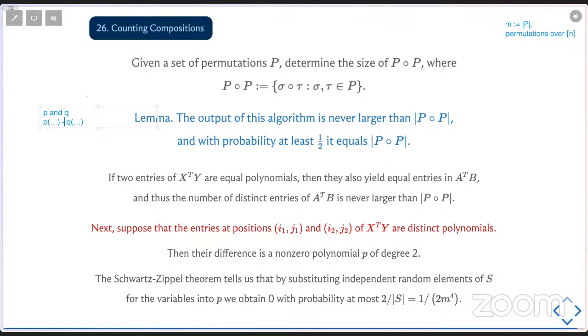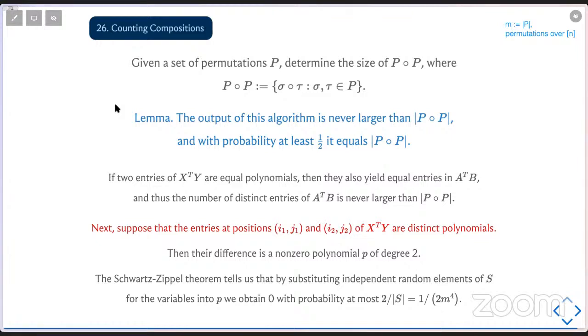But if P equals Q, that means that P minus Q equals 0. So that means that we have hit a 0 of the difference polynomial. But the difference polynomial is a degree 2 polynomial. So we can apply Schwartz-Zippel to see that the probability with which we hit a 0 of the difference polynomial is at most 1 over 2m to the 4th by the choice of the size of S. Now, this is one collapse, right?